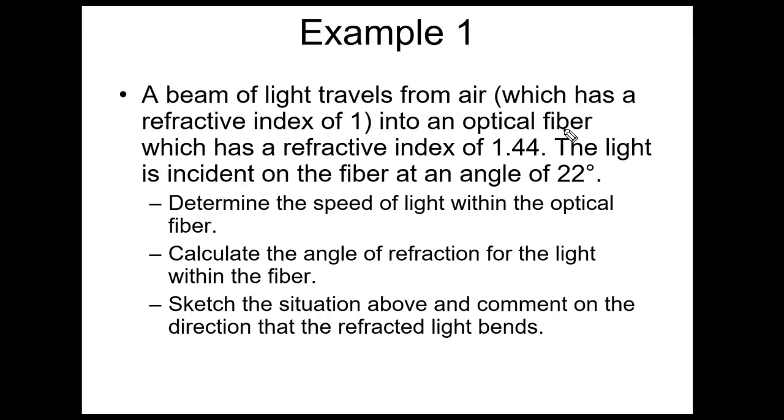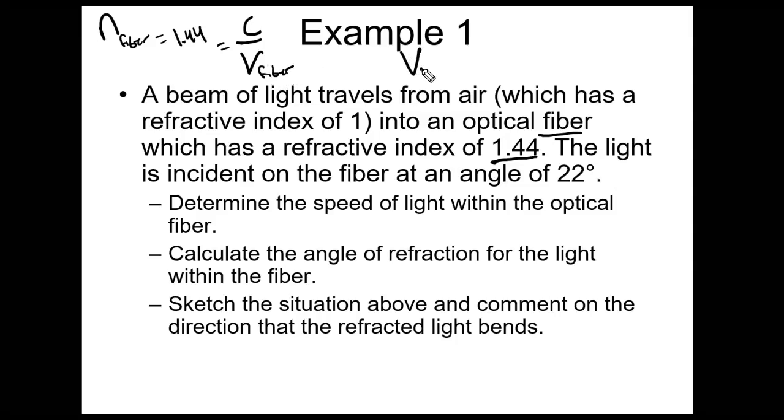Well, the fiber has a refractive index of 1.44, meaning that N fiber is 1.44, and by definition that is the speed of light in a vacuum divided by the speed of light in the fiber.